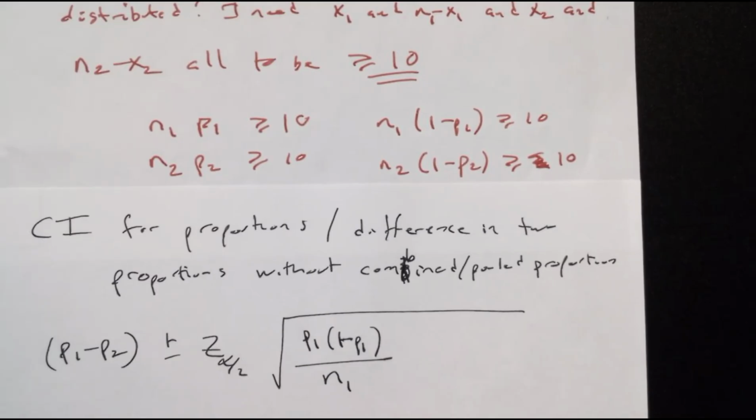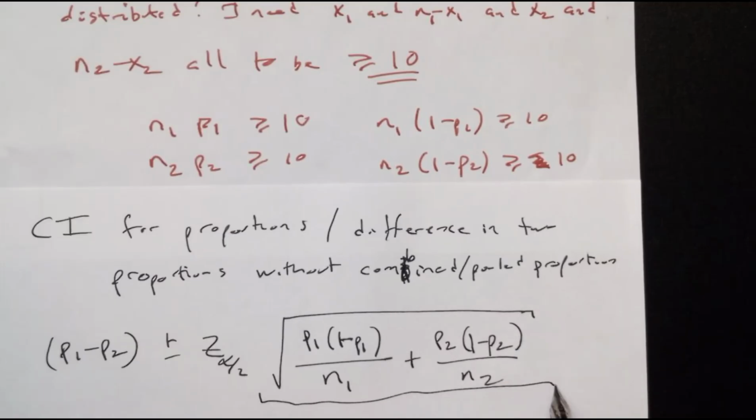When we were doing a benchmark, that was all we had, because I only had one number to compare it against. But now I've got two groups, so I'm actually going to put the second proportion in here the same way. And this is the unpooled version of the standard error.